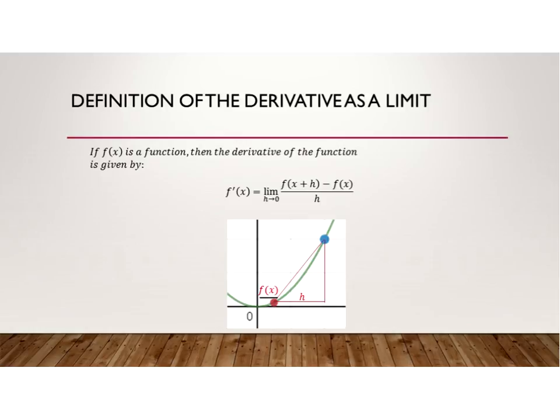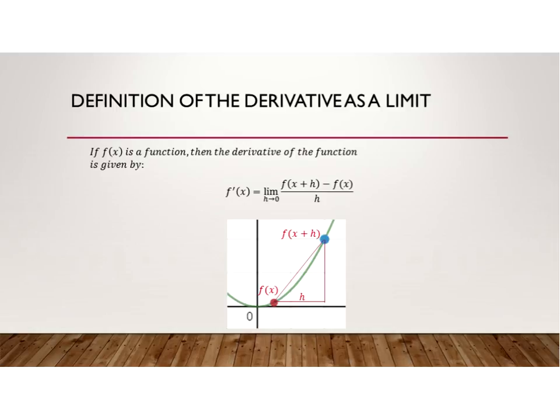So if I start with the function there, which is f of x, if I move to the right from there, that distance, and call that distance h, what I've done is moved out that distance h, but the function has gone up to there.